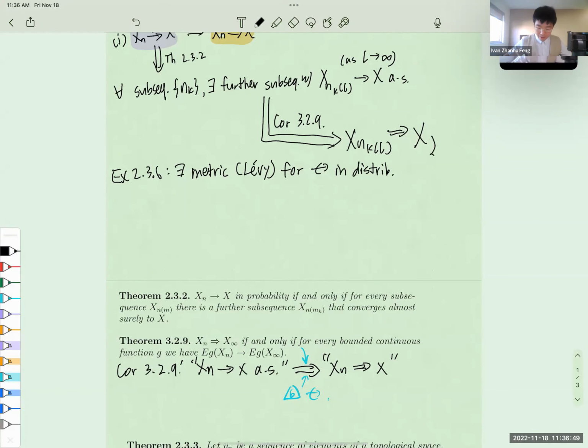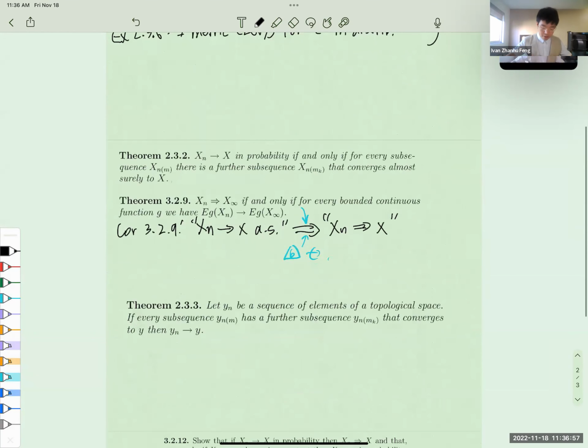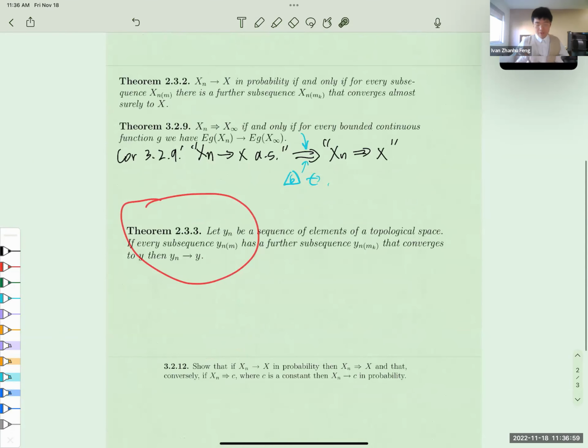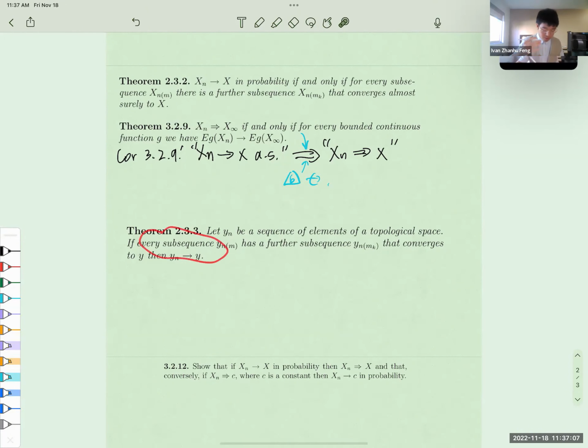Therefore, it allows us to apply a new theorem called theorem 2.3.3. I happen to also have one here. This is a famous general theorem about topological spaces. It says if every subsequence has a further subsequence that converges to the same limit, then we can directly deduce that the entire sequence converges to this limit.